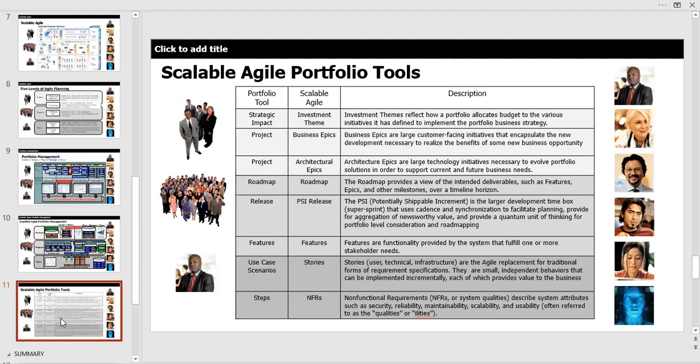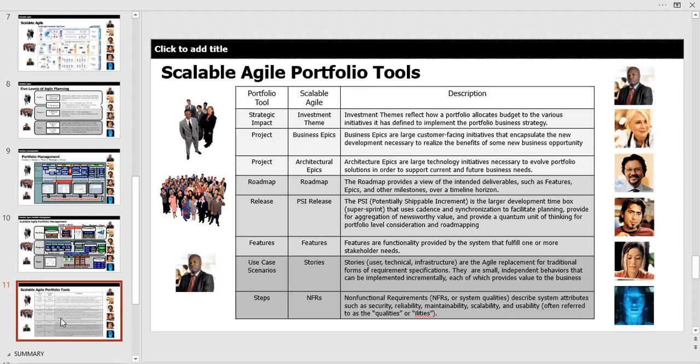Roadmaps are roadmaps, so that's great. If you call them roadmaps, that's outstanding. If you don't call them roadmaps, that's fine also. Whatever term you use, work breakdown structure, if you're a work breakdown structure kind of group, that's a similar concept. Release, again, is a standard term, and a PSI release, potentially shippable increment, or MVP, minimum viable product, is the larger development time box.